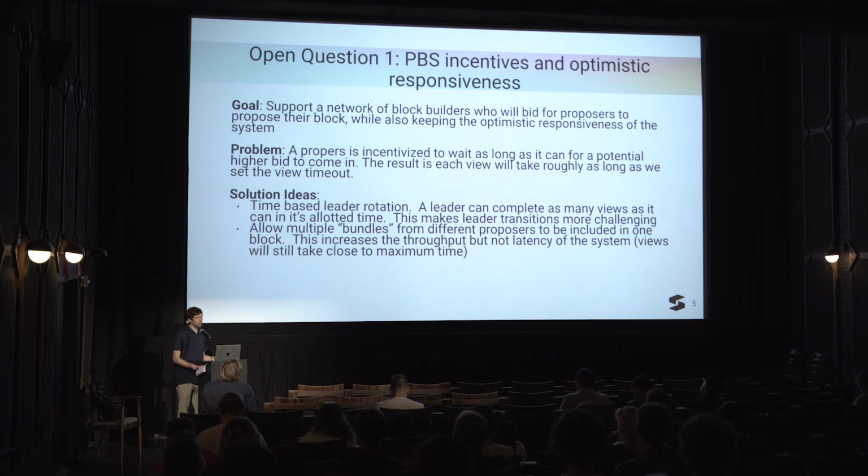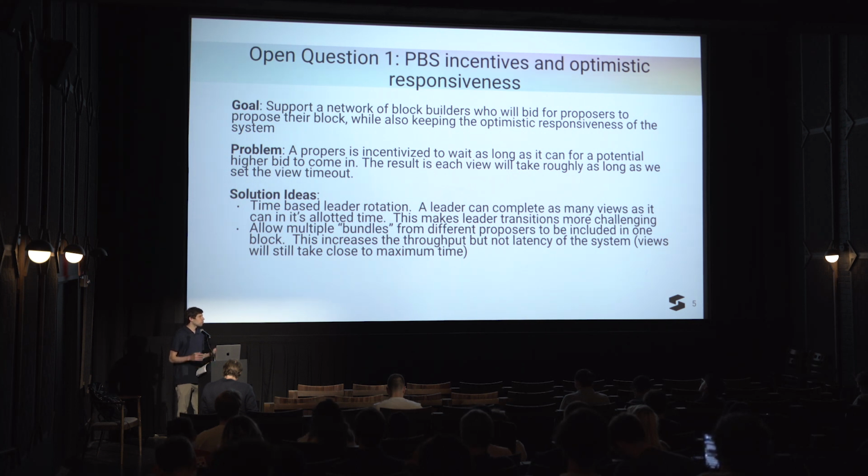The problem here is that, well, if the proposer is running this auction or waiting for the builders to submit a really juicy or a very high fee or high MEV block to them, they're incentivized to essentially use all of their allotted time as leader to wait for the best value to come in, the best thing for them. So that kind of defeats the whole purpose of being optimistically responsive. Every block is going to take very near to the timeout for that round, and we don't want that.